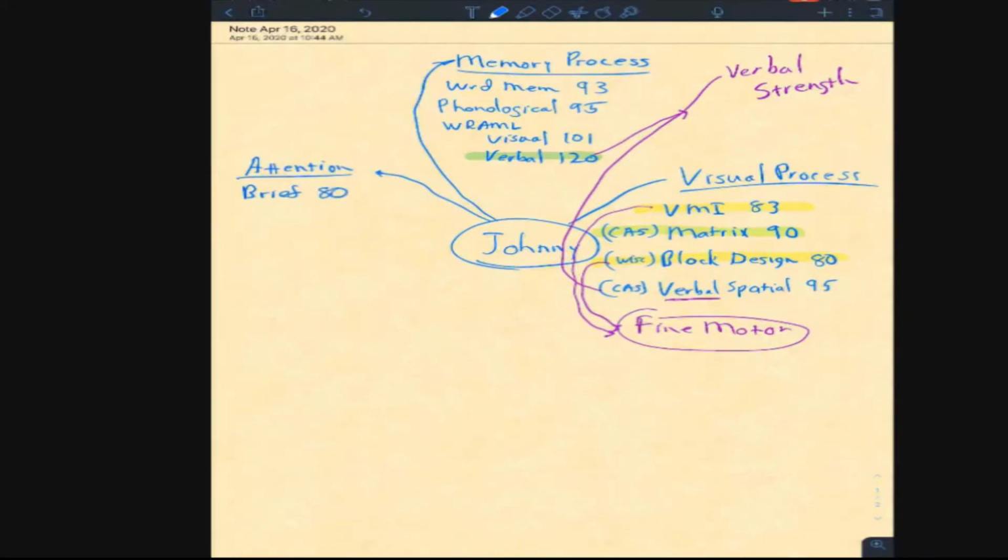Let me back up though, because I need to specify. This is BRIEF parent. BRIEF teacher. Remember, the BRIEF is the Behavior Rating Inventory of Executive Functioning. It has an attention scale on it. Look at that. The teacher rates them much better than the parent does.